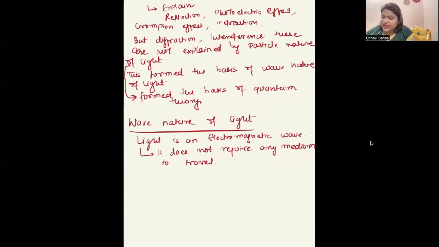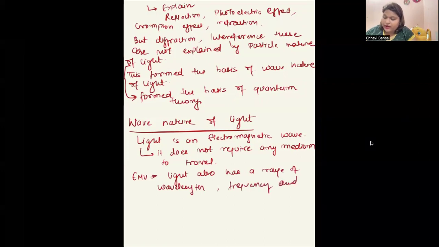Okay. Just like other EM waves, light also has a range of wavelength, frequency, and energy. What are these? First, tell me what a wave is.